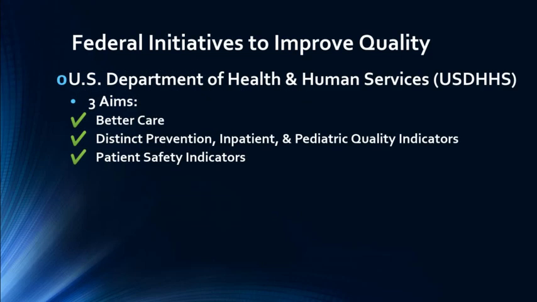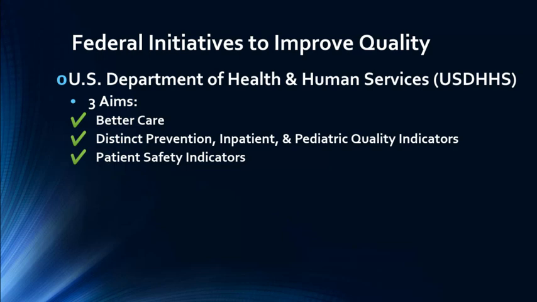So, federal initiatives to improve quality. The U.S. Department of Health and Human Services published the National Strategy for Quality Healthcare in 2011 based on 3 aims. Better care, improve overall quality by making healthcare more client-centered, reliable, accessible, and safe.